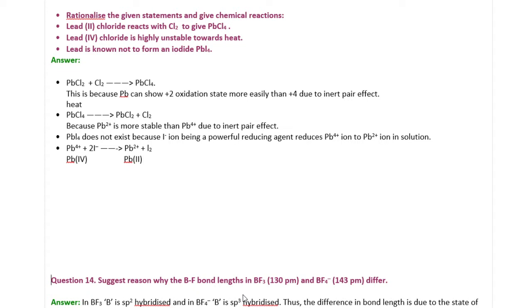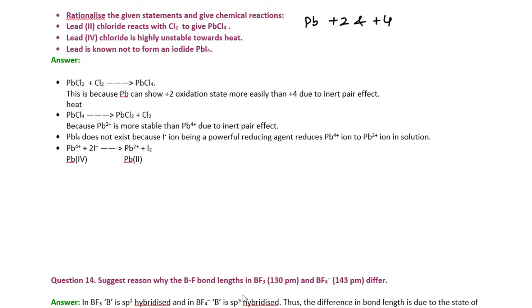Now see, lead can show two oxidation states. Lead can show +2 oxidation state as well as +4. So Pb2+ is more stable actually than that of PbCl4 due to inert pair effect.